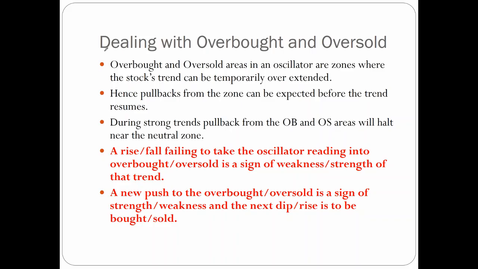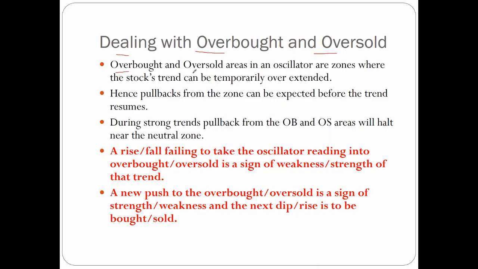It does not tell us that when the market has reached 30, the trend has changed and suddenly we will move on the upside. Rather, there is a way to deal with it. So you will ask me, sir, what is the way to deal with it? Because right now RSI on Nifty is near 70. So this section will tell you how to deal with oversold and overbought areas.